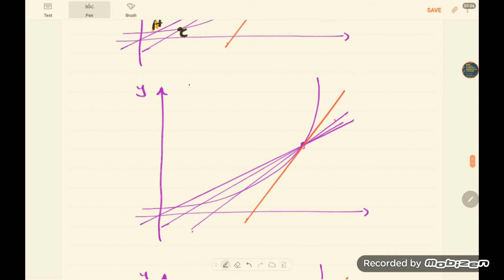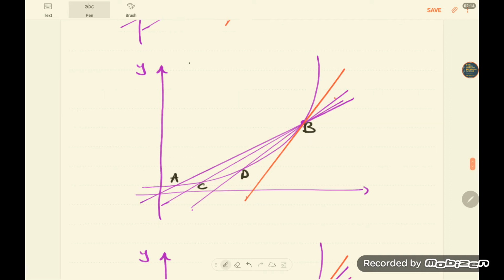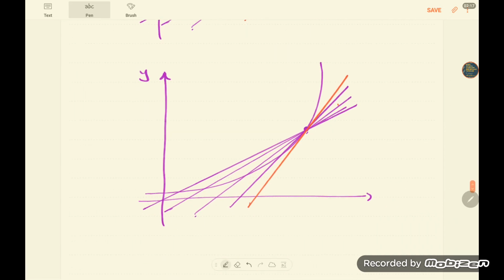Similarly, A, D. As you can see, it's becoming even steeper, until eventually you have a series of lines A, B, C, D, E. So you will notice something important about this movement: as the point A moves up the curve to C to D to E, and as it approaches B, the gradient of the line AB approaches the gradient of the line BT.